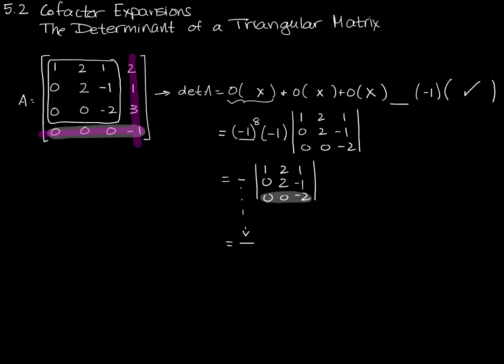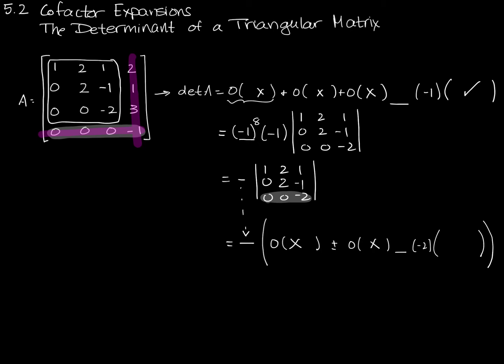And I'm going to have here coefficients of, put a big set of parentheses around this, 0 times some determinant, and 0 times some determinant, and then a sign, which we'll figure out in a minute, times -2 times some determinant. Well, again, I don't care what these determinants are because they're going to be multiplied by 0.